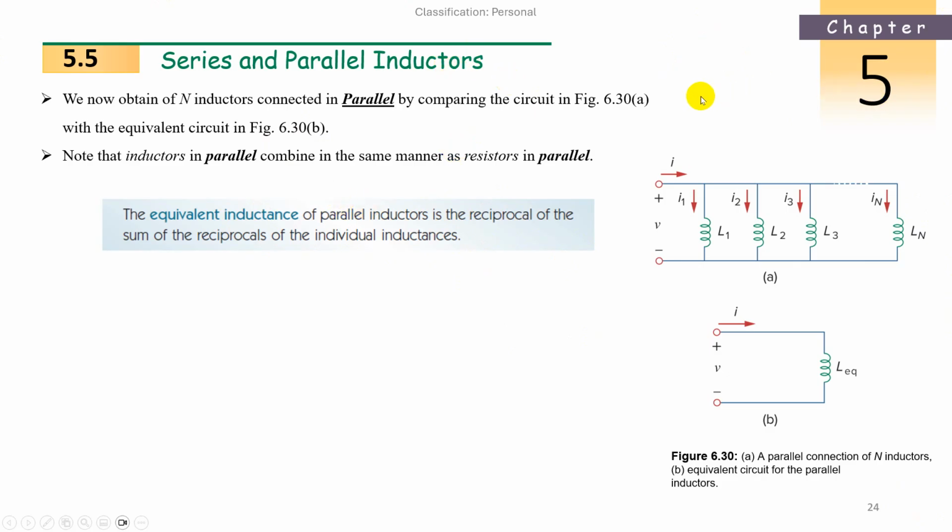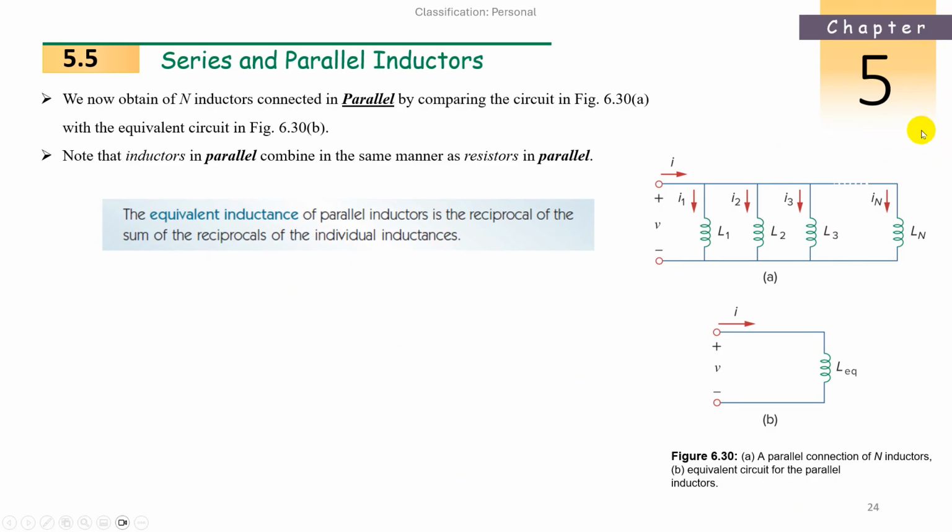Here the wording you have to understand. Same like resistance only, but again I am repeating that. Parallel inductors: the reciprocal of the sum. Once you get the total, you have to take the reciprocal. What is the total? It is the sum of the reciprocal inductances.